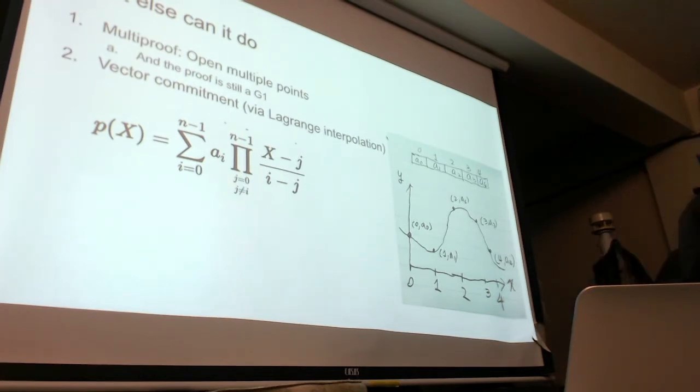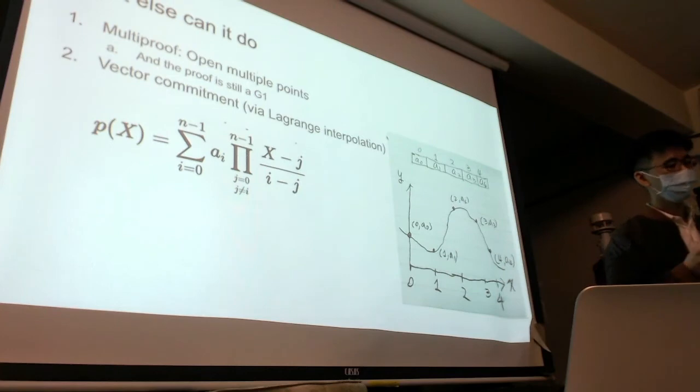If the commitment is just an evaluation at a certain point, who stores the polynomial? Usually, depending on your use case, who is your prover or committer?